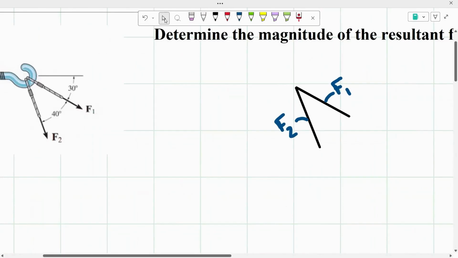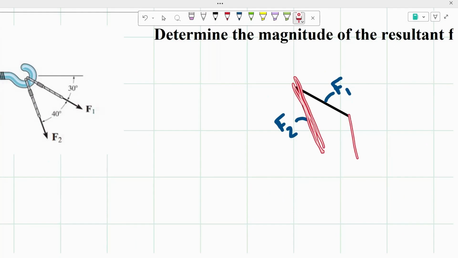Okay, so now what we're going to do is finish the parallelogram. We take this force right here, F2, and we're going to draw it on the other side from the tip of F1.